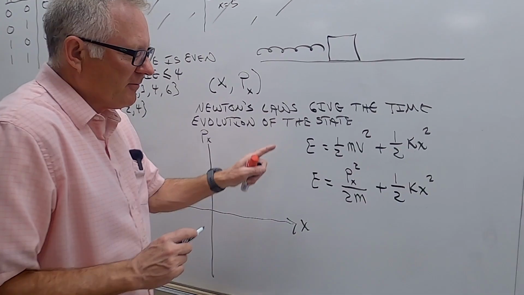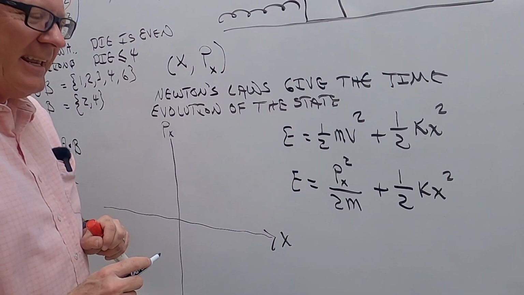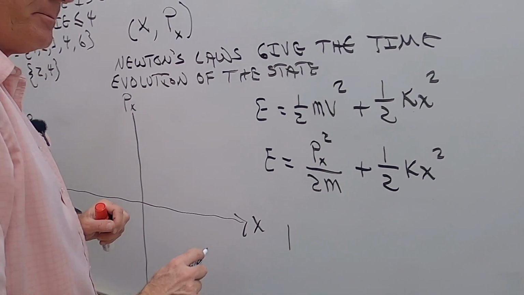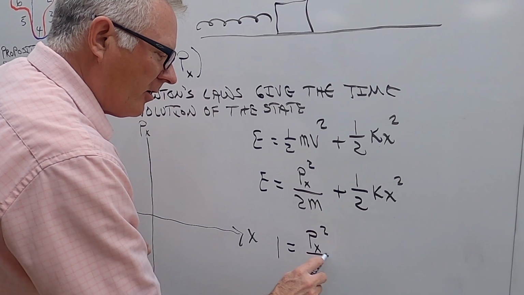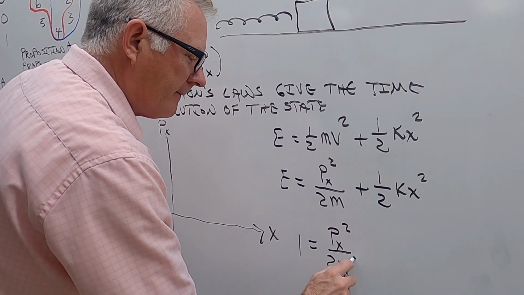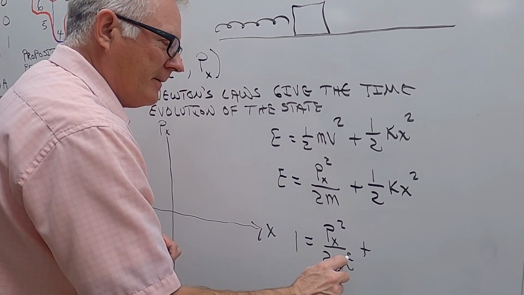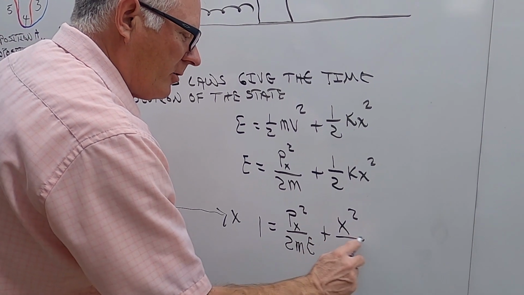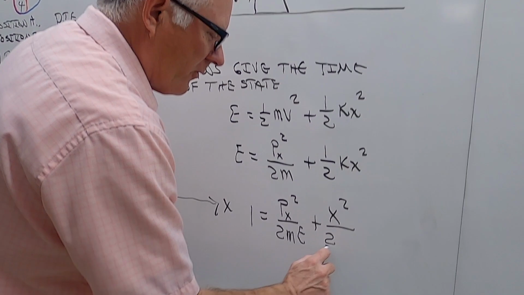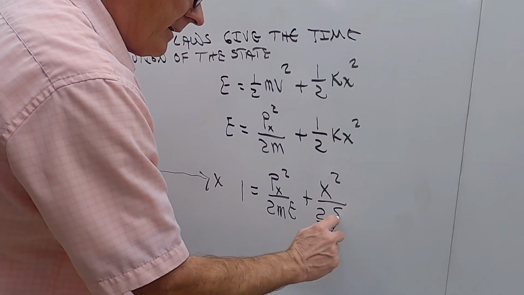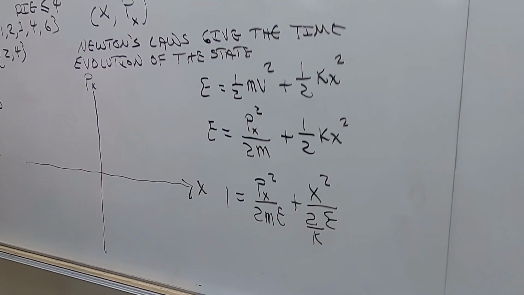And then I'm going to divide everything by E. So this is just 1 equals px squared all over 2mE plus x squared all over 2E over k. I'm going to take this k and bring it down below so it's 1 over k. And we have the E also, because we divided out the E.